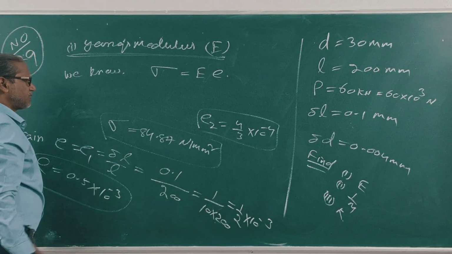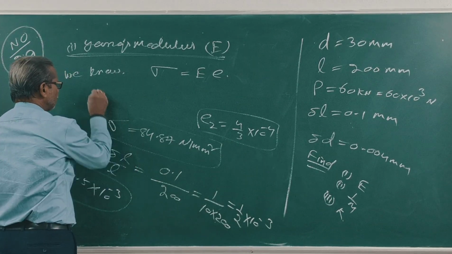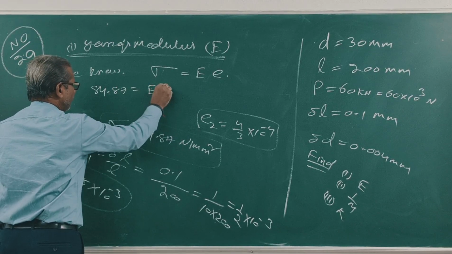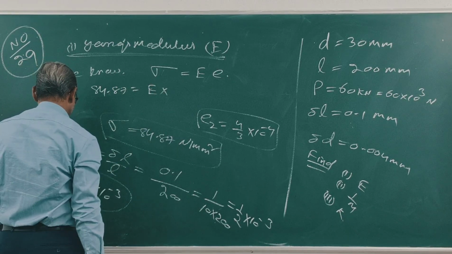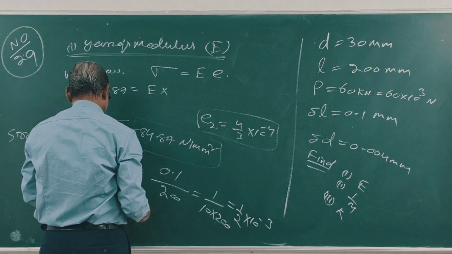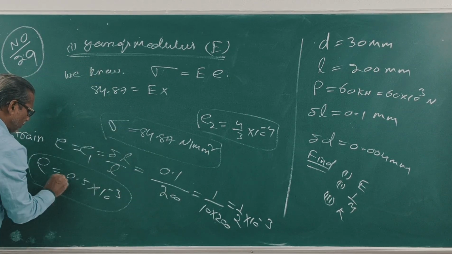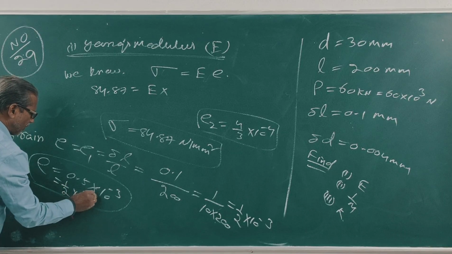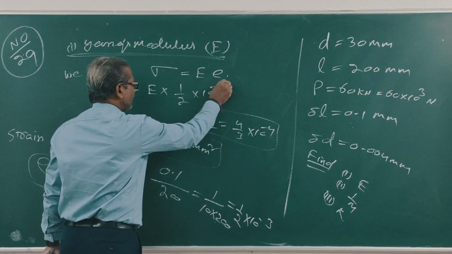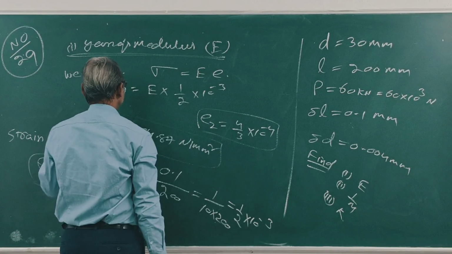So sigma is 84.87 is equal to E into small e, which is half into 10 to the minus 3. Clear?